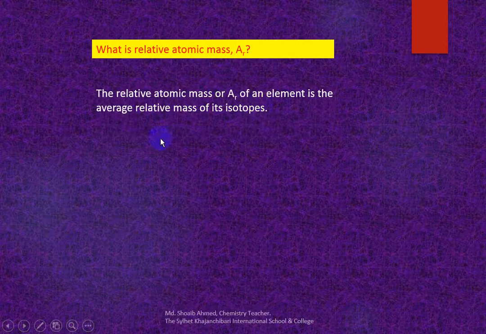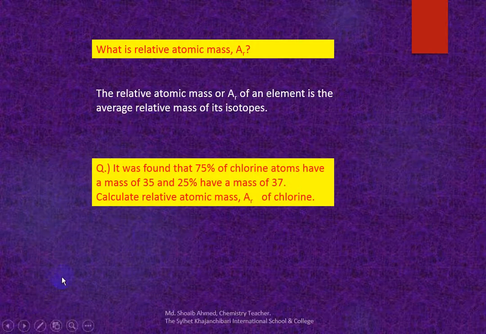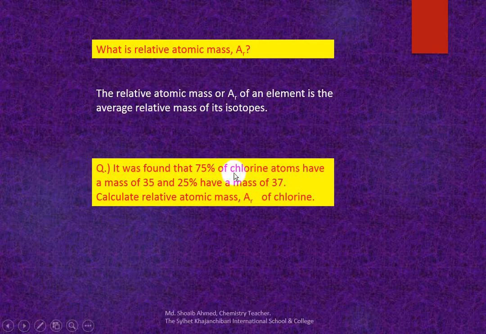So how do we find the average relative atomic mass of its isotopes? It was found that 75% of chlorine atoms have a mass of 35 and 25% have a mass of 37. Calculate the relative atomic mass of chlorine.